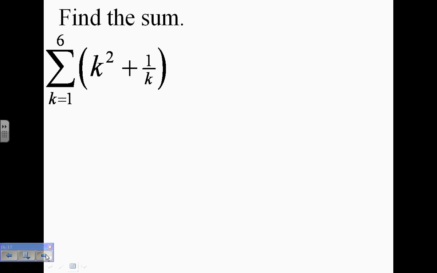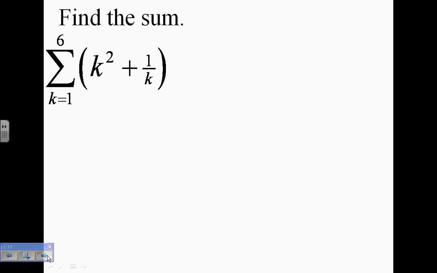All right. So on this one, you can still enter it as a sum sequence. Give it a shot. Let's see what you get. Okay.